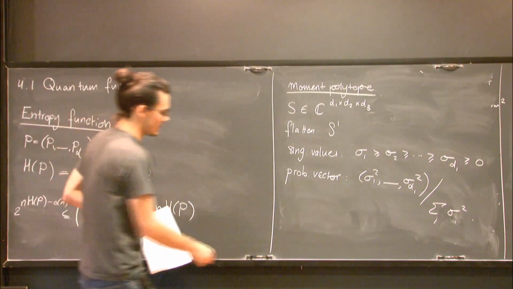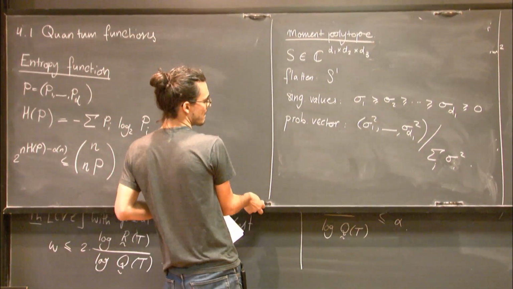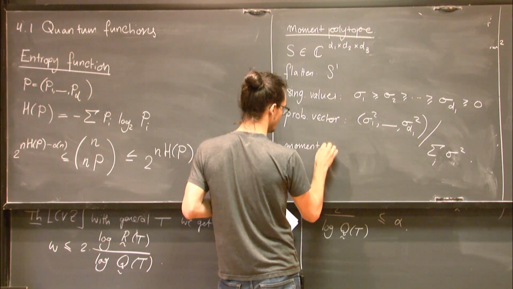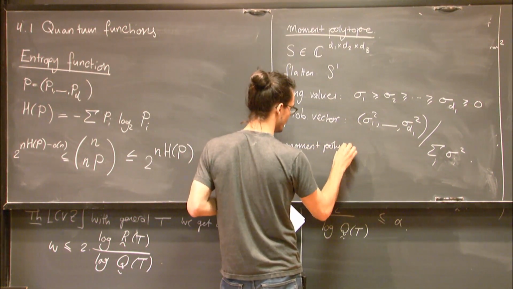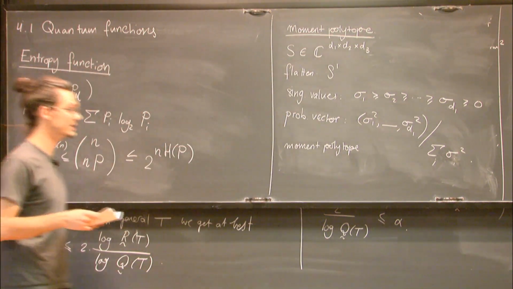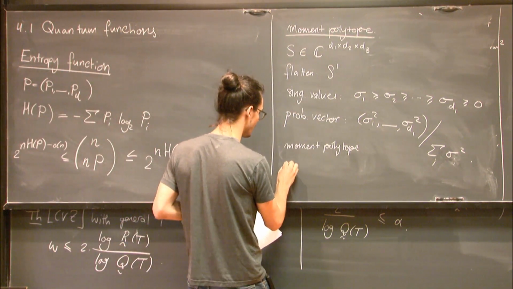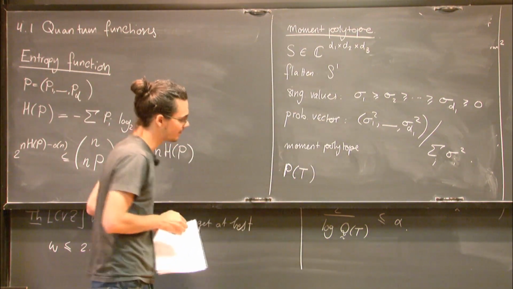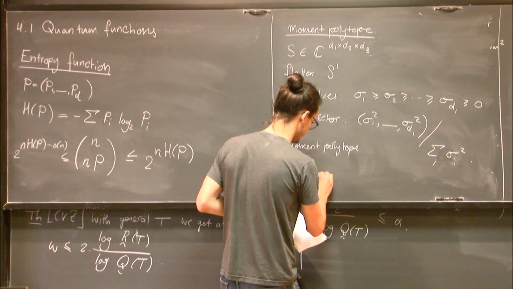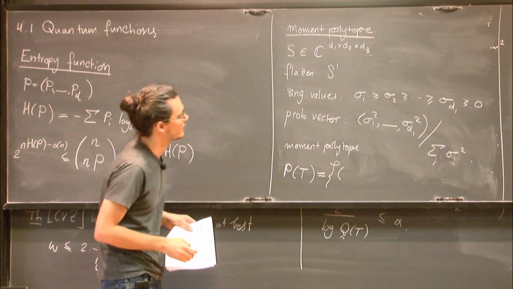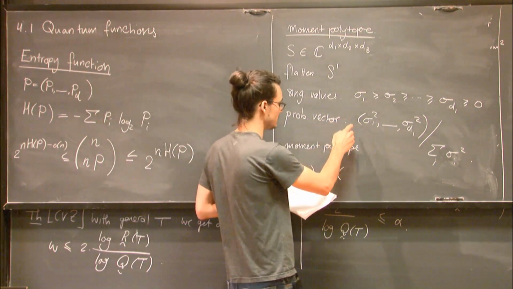Okay. So now the moment polytope of a fixed tensor T, denoted by P of T, is the following set of triples. Let me give this a name.